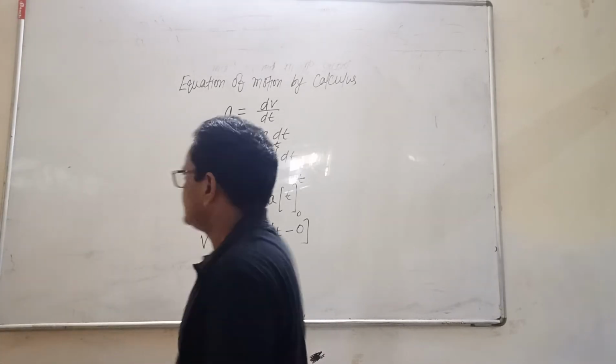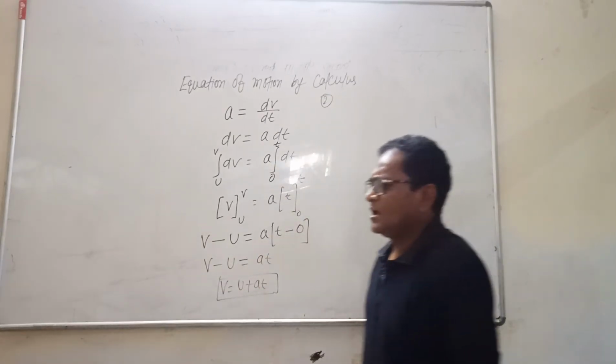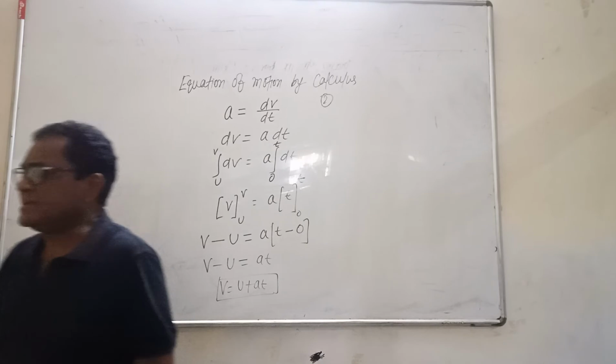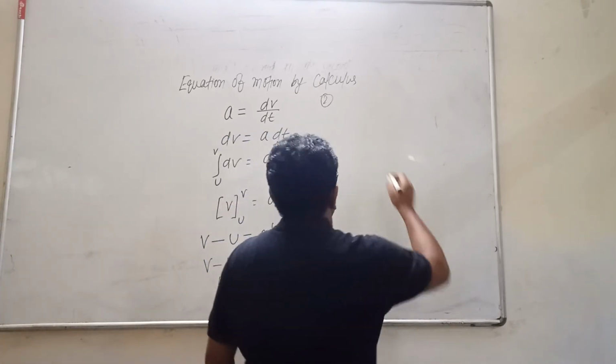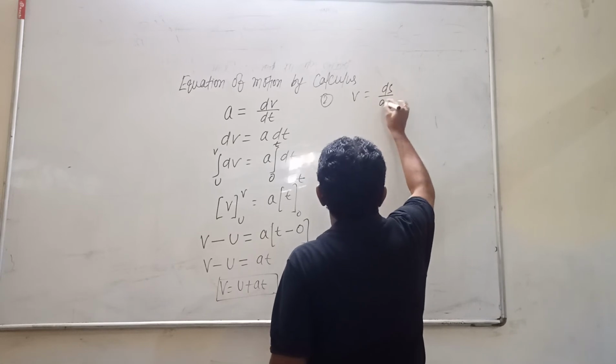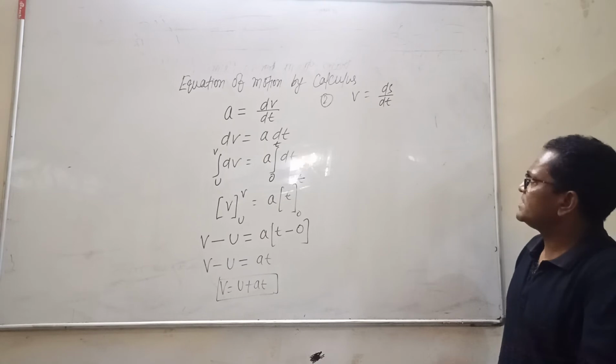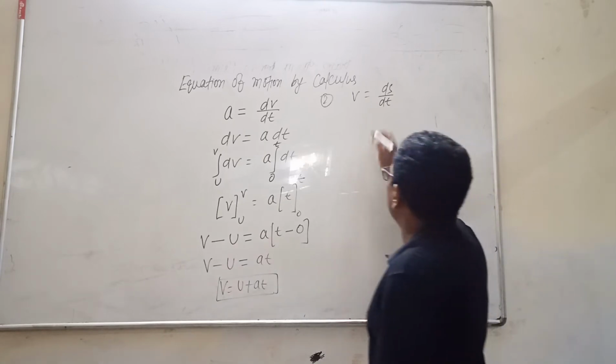Now second equation. We know v equals to ds by dt. Velocity is given by rate of change of displacement, or instantaneous velocity. v is given by ds by dt.